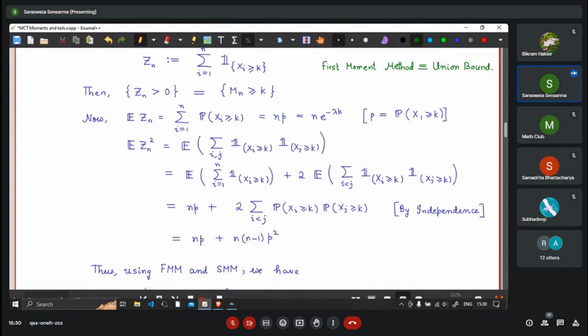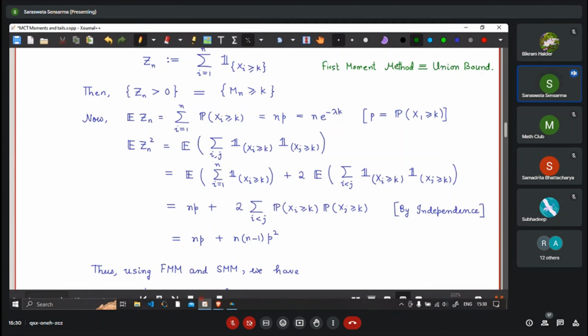This sum now becomes a double sum over i and j both. And when you're summing over i and j both, you have to take two cases out separately. If i and j are equal, then these two indicators are just the same, so they come out separately. And if they are unequal, you put them aside. So you need to deal with these two separately.